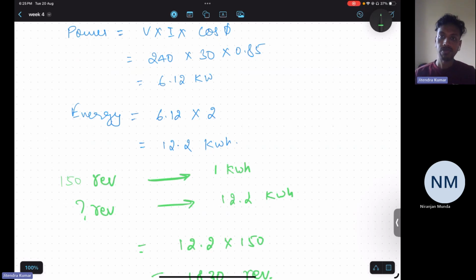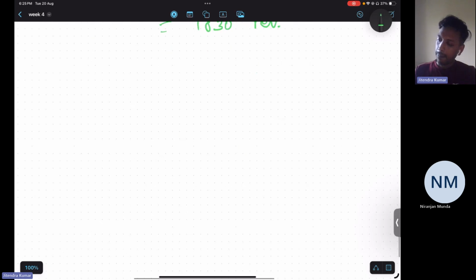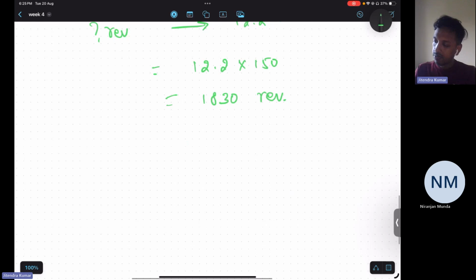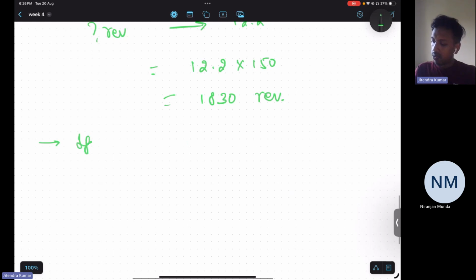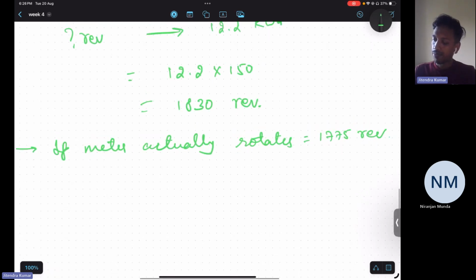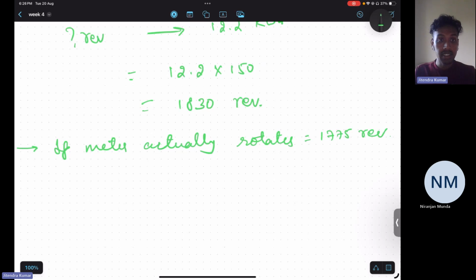Now, let's move towards the next problem. If the meter actually rotates 75 revolutions, then in that case, we need to compute the percentage error.